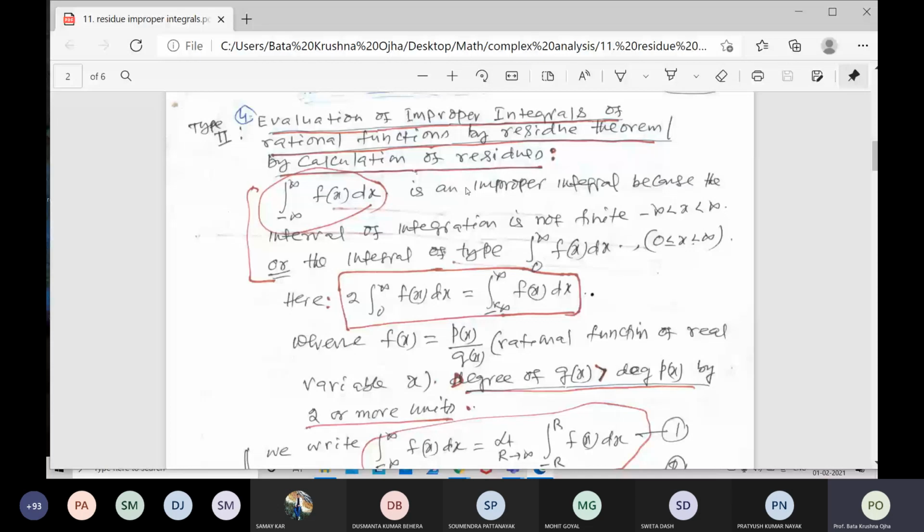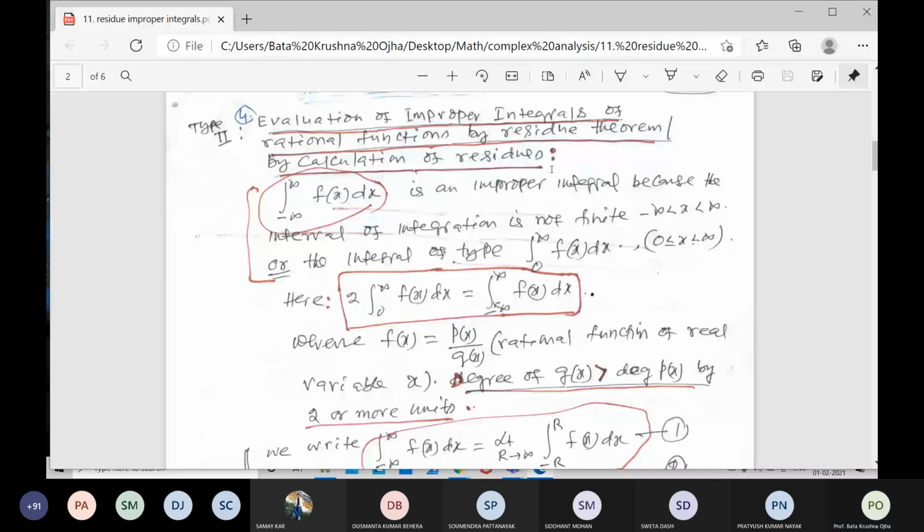Lastly, I discussed a degree of numerator that is 0, or there is no x in the numerator. The degree of the denominator should be 2 or more.